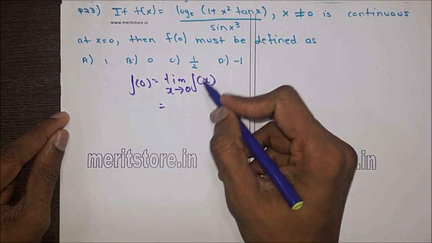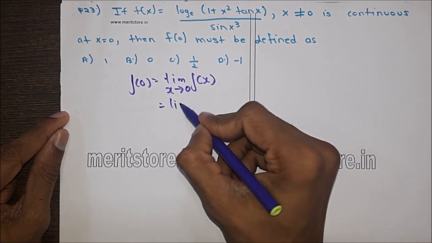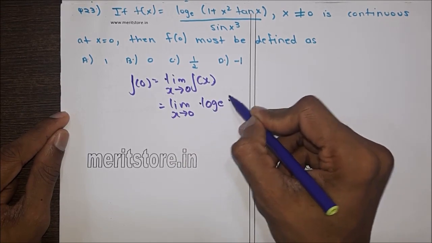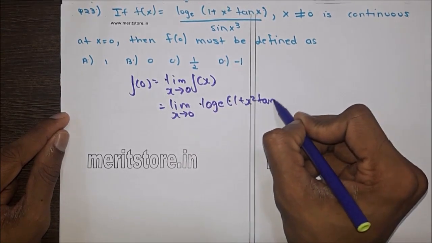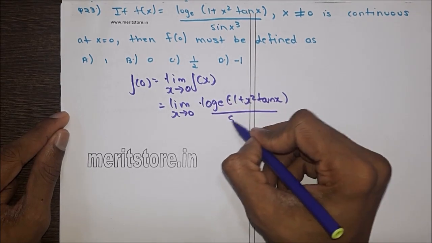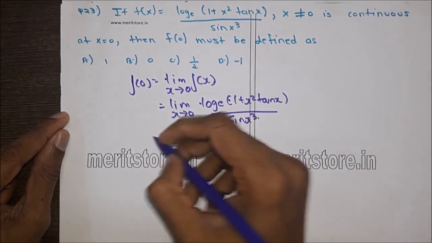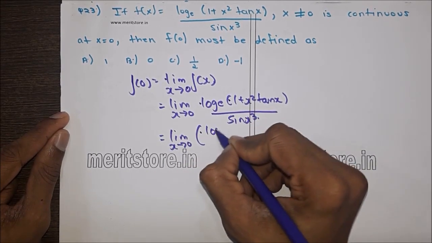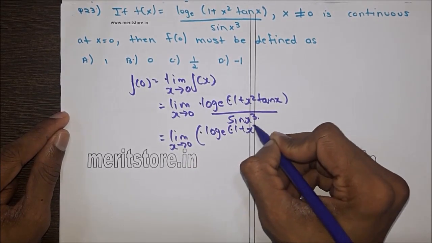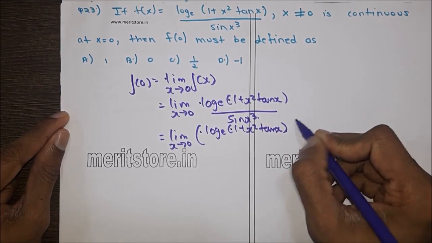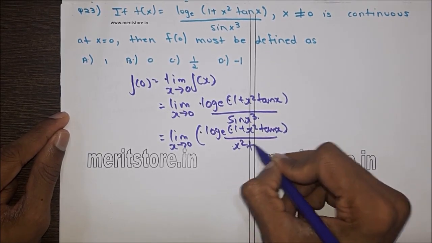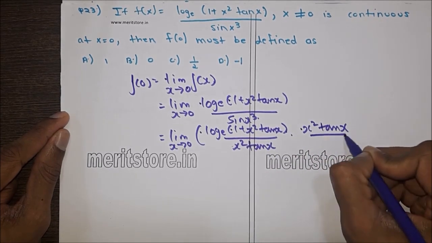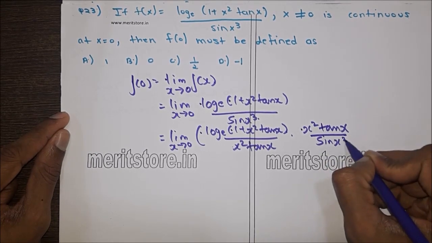So we substitute the function f of x as log to the base e of (1 plus x square) tan x upon sin x cube. Therefore solving this we get limit x approaches 0 of log to the base e of (1 plus x square tan x) upon x square tan x into x square tan x upon sin x cube.